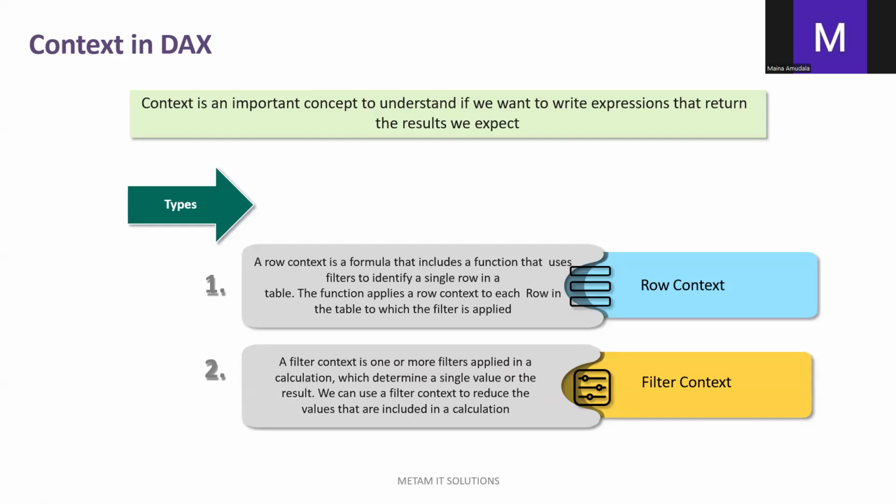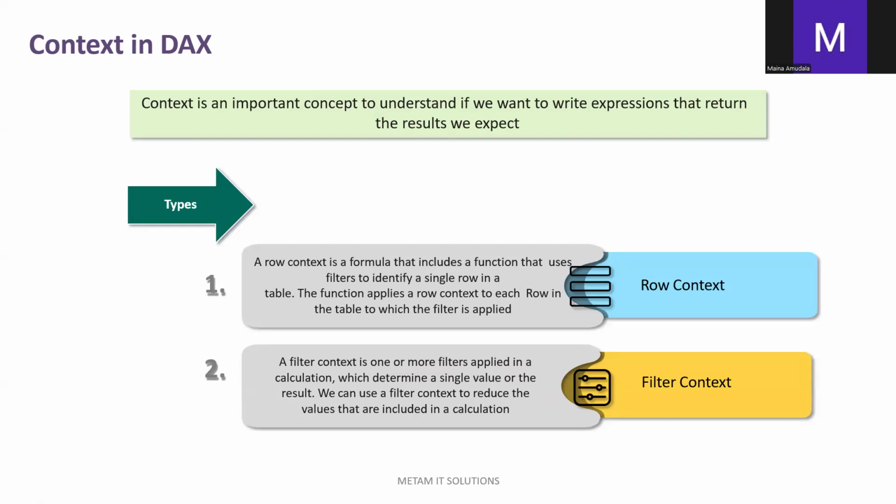Context is an important concept to understand if you want to write expressions that give the results we expect. We have two types of context: row context and filter context. Row context is a formula that includes a function that uses filters to identify a single row in a table.